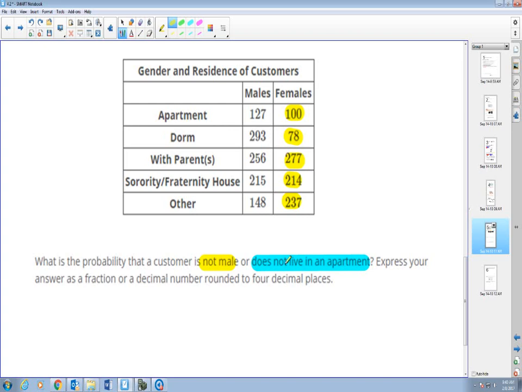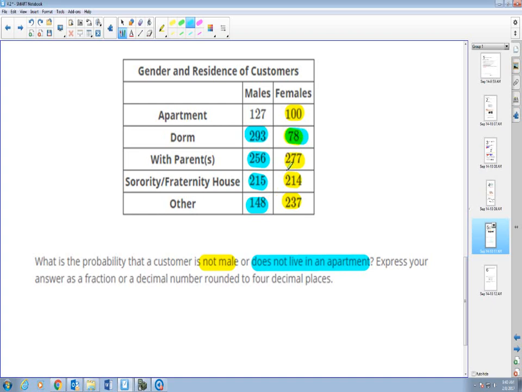Well, this is the tricky part. Does not live in an apartment is referring to these females, 78 down. And it's also referring to not living in the apartment, so it's also including these guys right here.